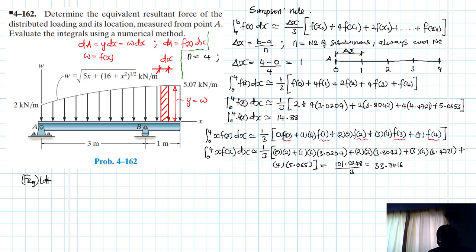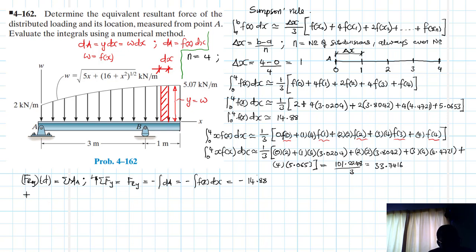Let's work out this. Summation of forces in the y positive going up is going to be equal to FRY, which is equal to minus integral dA, which is fx dx, which eventually is equal to minus 14.88. So this minus just indicates the direction of the force.